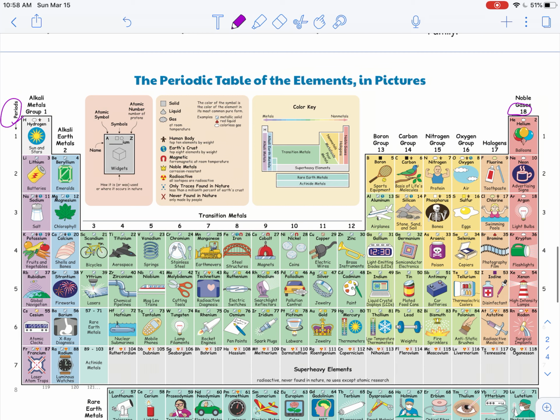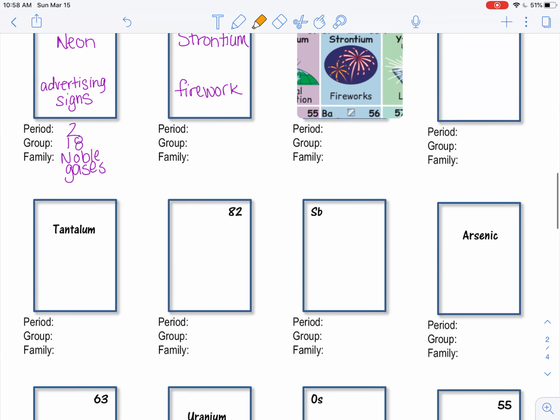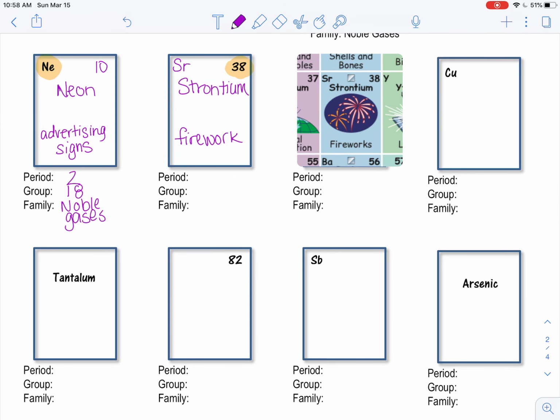If I come down here and look, it is in period 5, group 2, and it's blue. It's an alkaline earth metal. So period 5, group 2, and it's an alkaline earth metal.